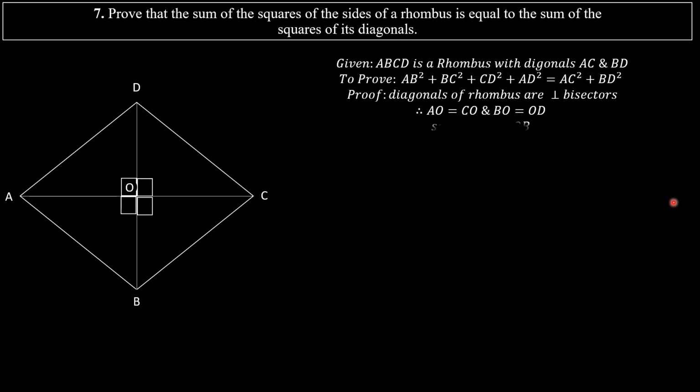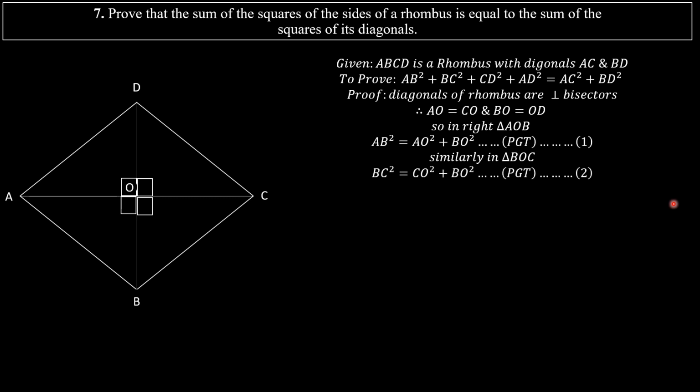So in the right triangle AOB, AB square is equal to AO square plus BO square by the Pythagoras theorem. Let this be our equation number 1. Similarly, in triangle BOC, we get BC square is equal to CO square plus BO square.